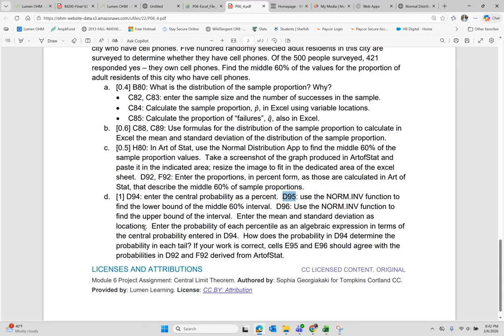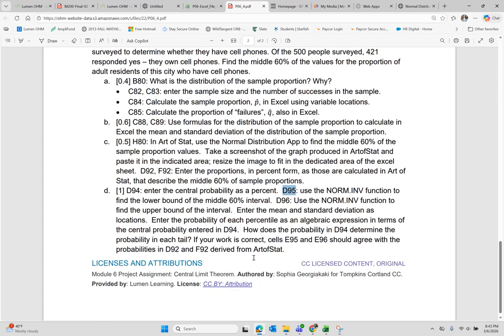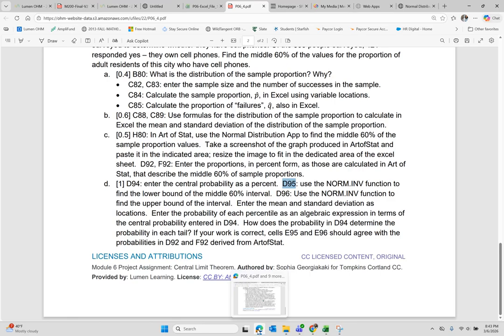Enter the mean and standard deviation, enter the probability as an algebraic expression in terms of the central probability. How does the probability in D94 determine the probability in each tail? If your work is correct, E95 should agree with the probabilities. I don't see what I was expecting to see here, that it will want us to round to the nearest 10th.